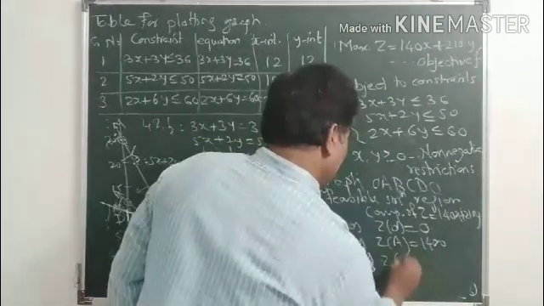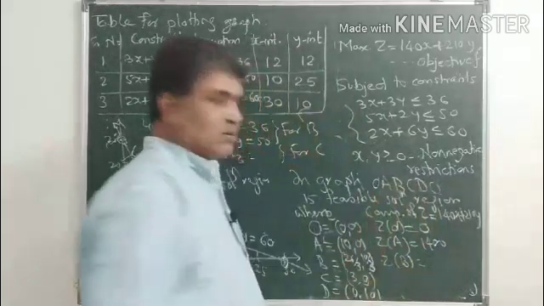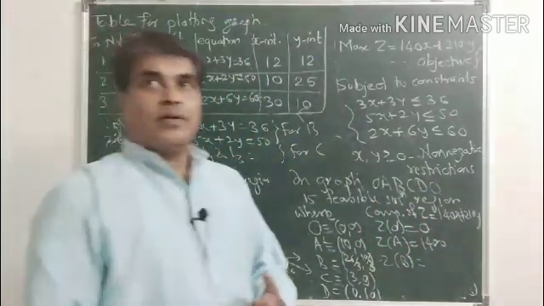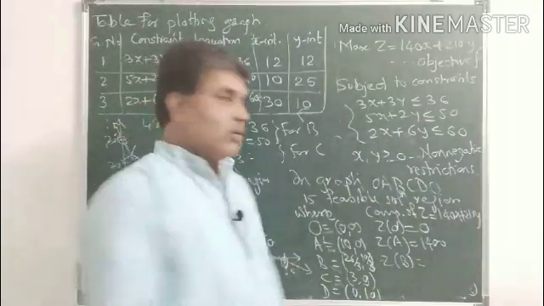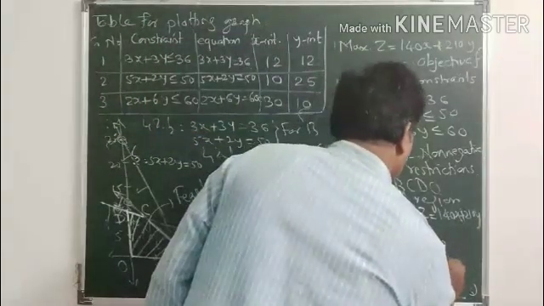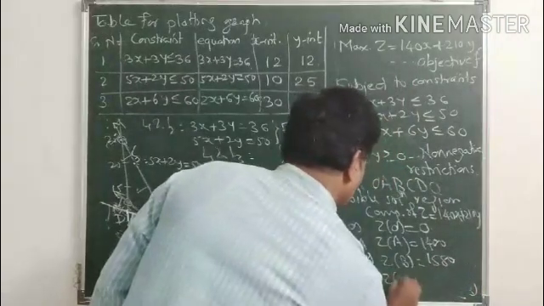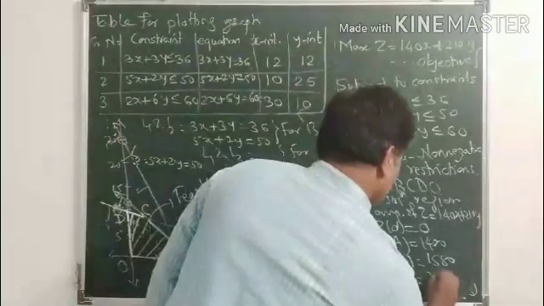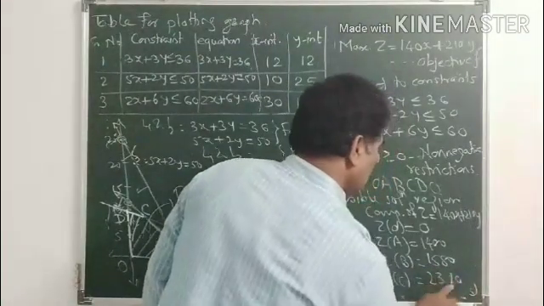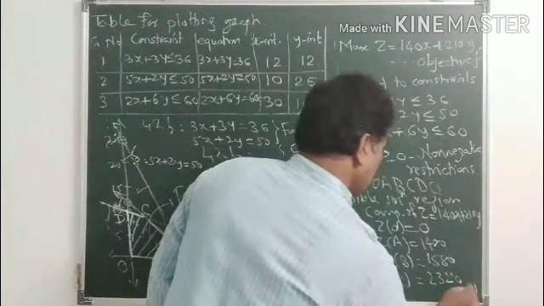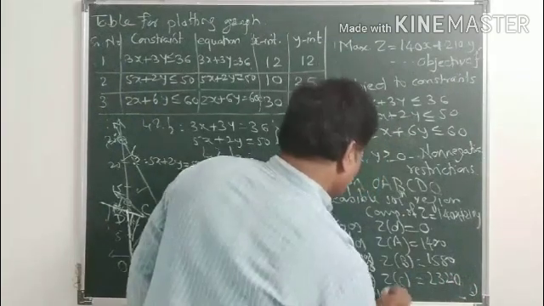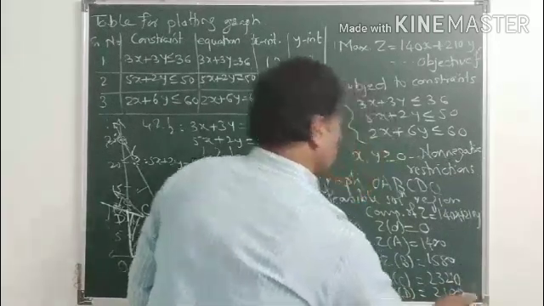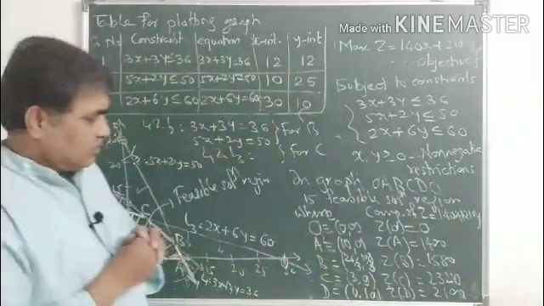Z at B, put the values and check your calculations. You will get the value 1580. Z at C will be 2320, and at D 2100. So I have computed these values.